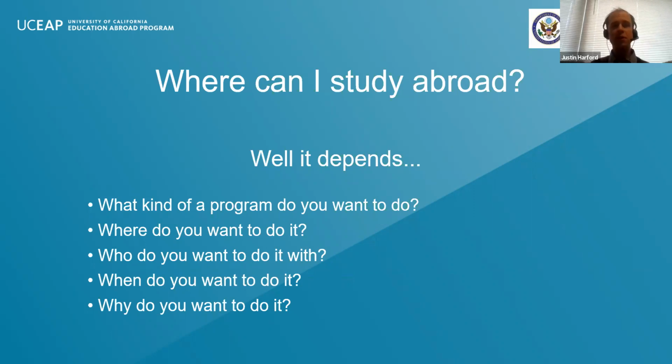I think the why is really the big thing that is going to tie everything else together. For example, if your goal is to just get an international experience and your major is engineering, then you might be able to get that in Germany, but you might also be able to get that in Chile.